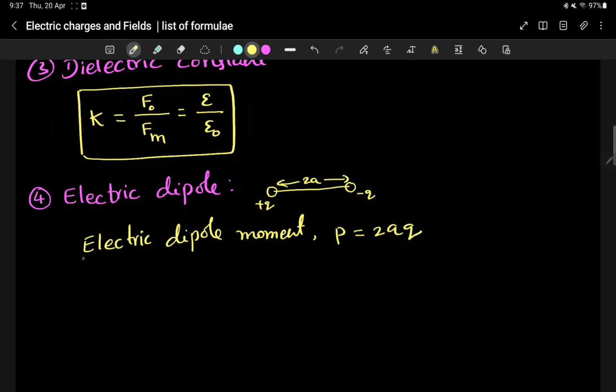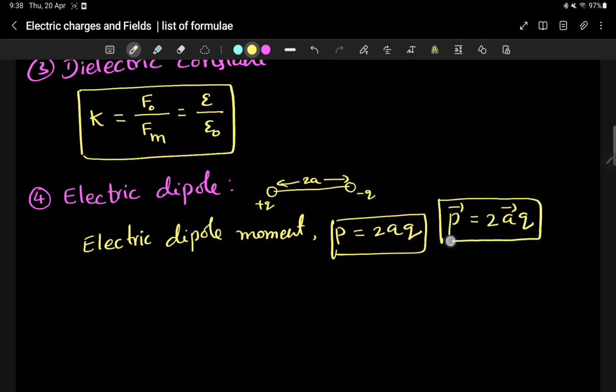You must have already studied this concept, and if you write this in vector form, P is equal to 2aq. So electric dipole moment is a vector quantity. Vector means it has both direction and magnitude. The direction of electric dipole moment is always from the minus charge to the plus charge.